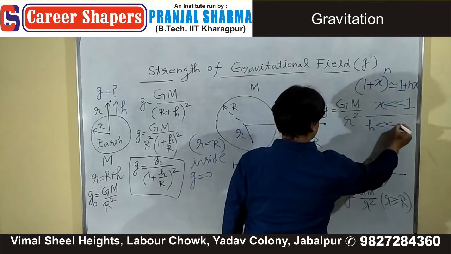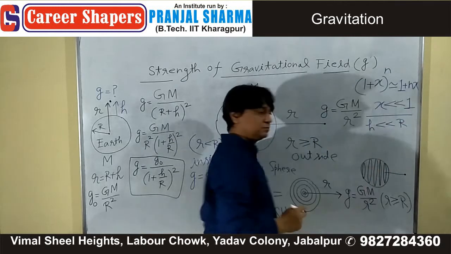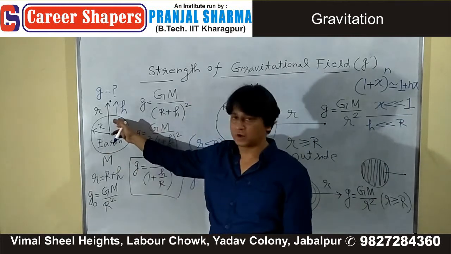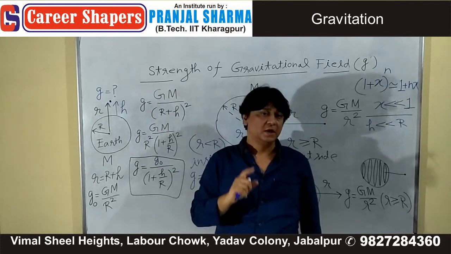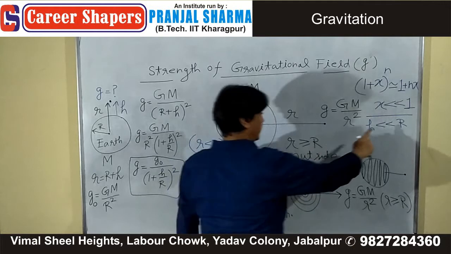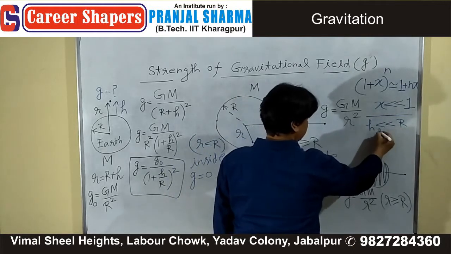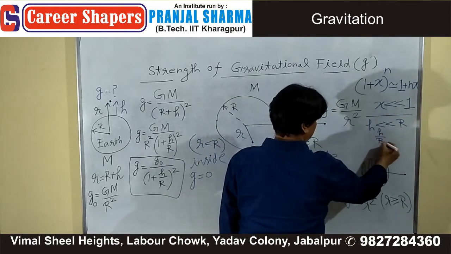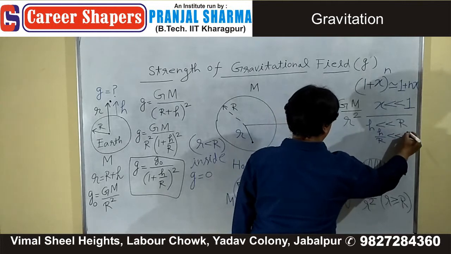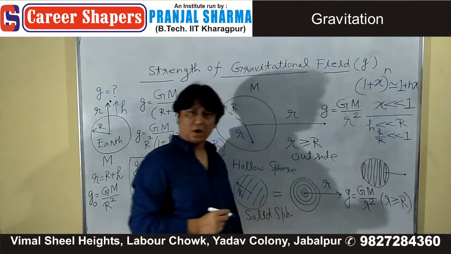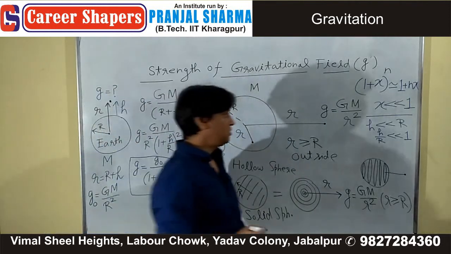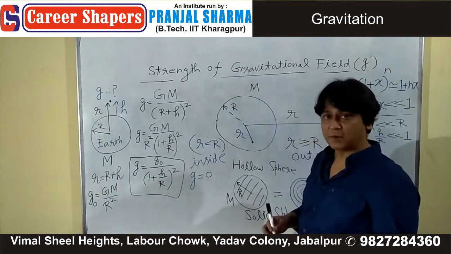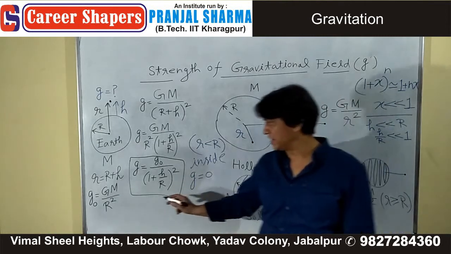is much smaller than r, height from the surface of Earth of that point where we need gravitational field is much smaller than the radius of Earth, then you can see that h upon r is also much smaller than what? 1. If this is much smaller than 1, then we can use this type of mathematical arrangement.